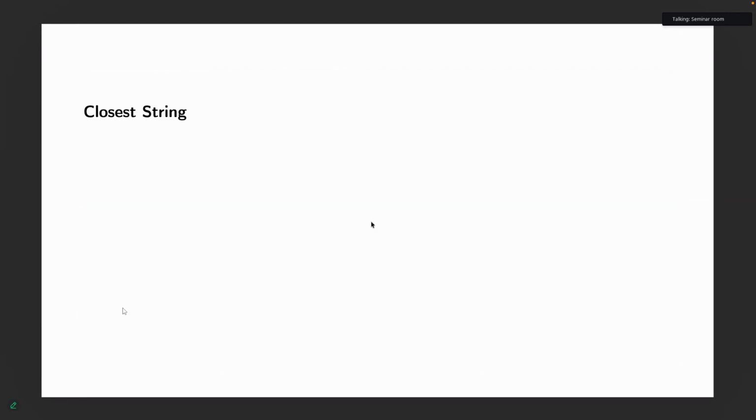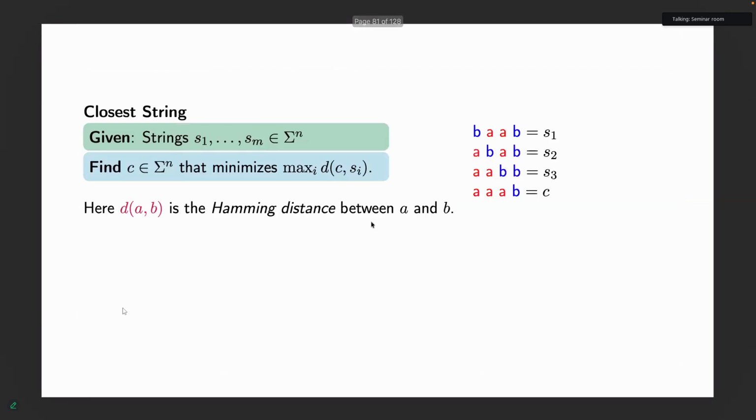One of them is closest string. In the closest string problem, you are given m strings, each of length n, over some alphabet, and the task is to find the string that is closest to each of them, meaning the one that minimizes the Hamming distance.